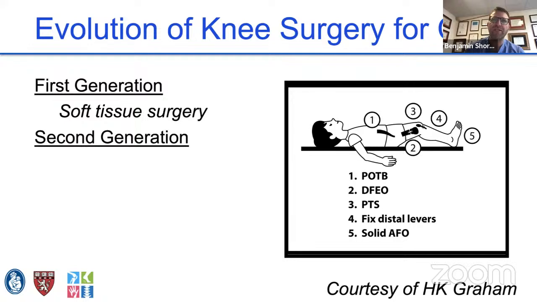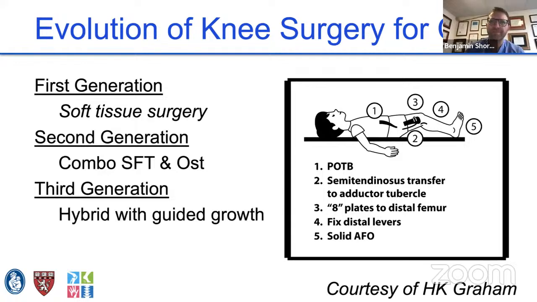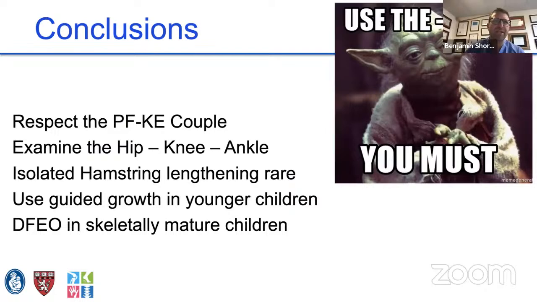So we did some soft tissue lengthening, and then we started to do our distal femoral extension osteotomies and a combination of soft tissue lengthening and bony osteotomies. And now our third generation has some of these more elegant things, which is guided growth, which I think is a game changer as far as I'm concerned, and some judicious soft tissue lengthening.